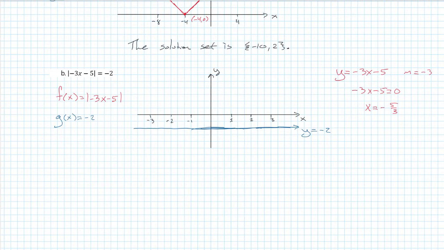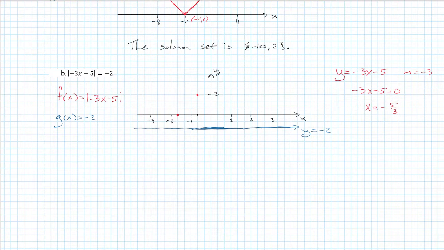And I'll go back to -5/3 and plot a point. So 1, 2, 3, 4, 5. That's just one grid line before -2. And then our slope should be 3, up 3 over 1. So up 3, and then over 1. So 1 to the right's 3 grid lines. I'm going to put that over here. Let's do that red.